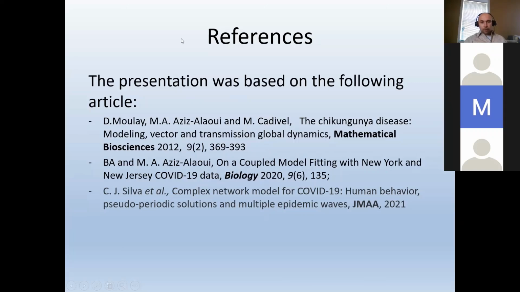This is the paper with my colleague Aziz Alaoui, and this one, also a friend of ours. There is one co-author, Guillaume Quentin from Le Havre, and this Christiana Silva, who is a friend of ours. And they did a model on Portugal, right?